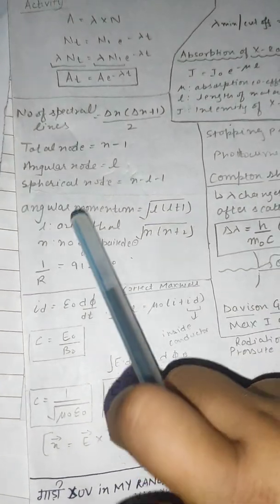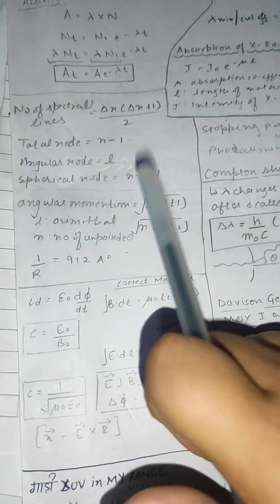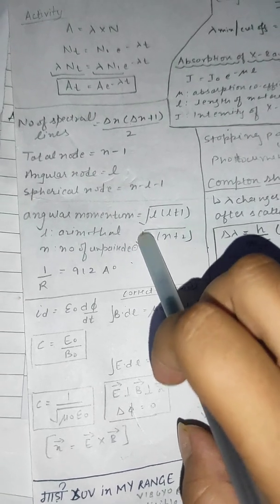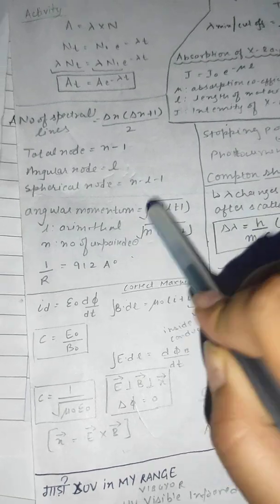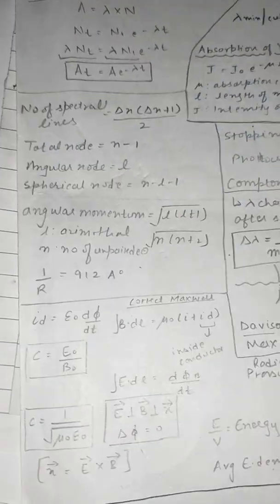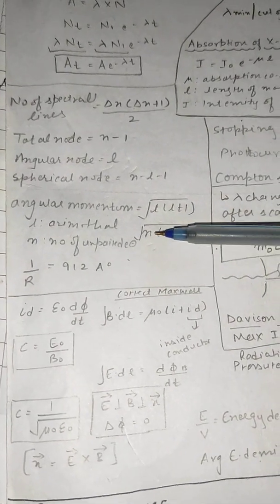Now the angular momentum is equal to root of l(l plus 1), where l is the azimuthal quantum number, or root of n(n plus 2), where n is the number of unpaired electrons in an electronic configuration.